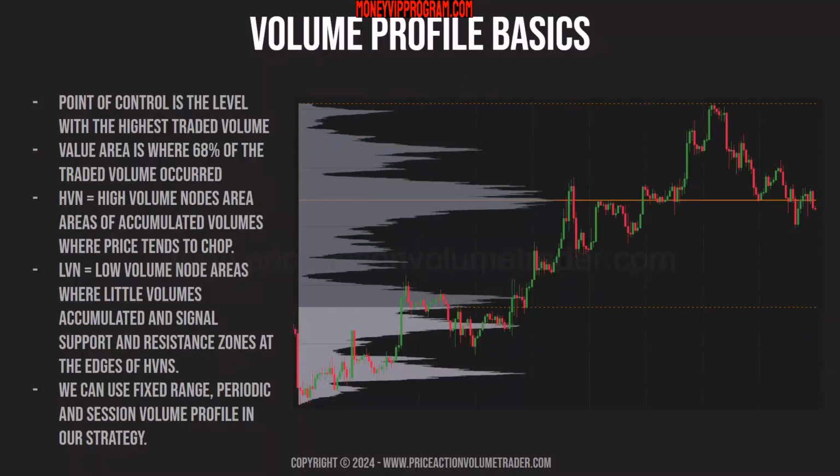Same as with TPO charts, there is a point of control, which in this case is going to be the level with the most traded volume. So we have this chart going from here all the way to here, with a volume profile applied. Remember, volume profile is measuring volume of traded prices, volume versus price, basically.